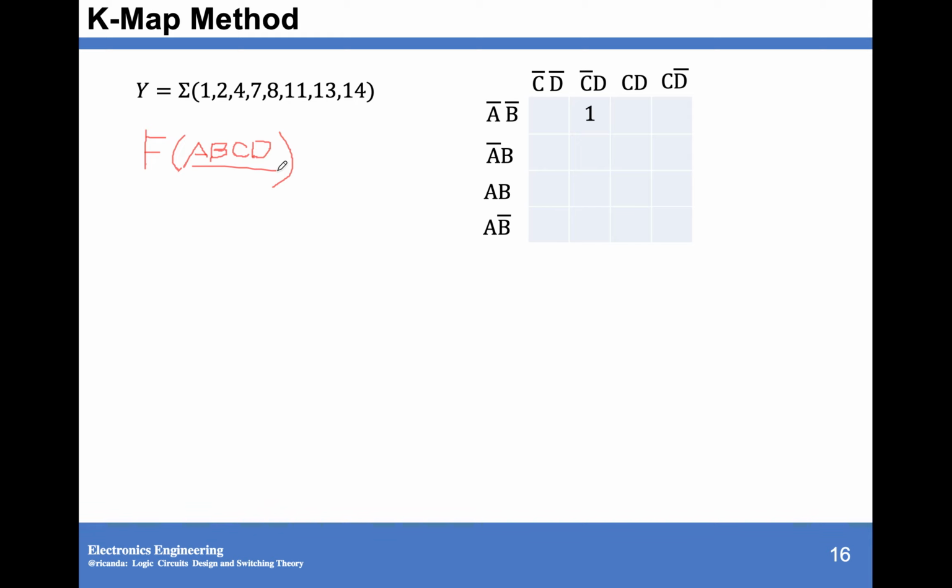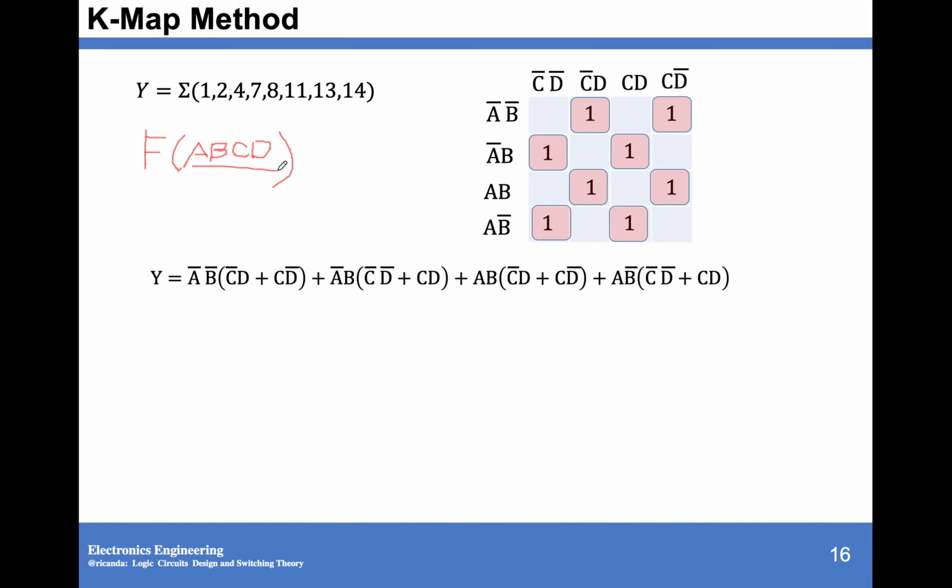We have 1 at 1, another at 2, 4, 7, 8, 11, 13, and 14. Since there is no adjacent one, vertical or horizontal, we group these by 1.